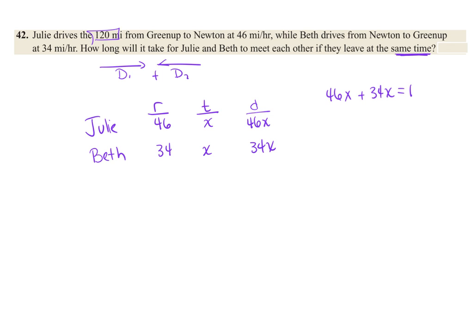That's how far apart those two cities are. And so we're just going to add those up. 46 and 34 give us 80x equals 120. Dividing, they're going to give us a decimal here. 120 over 80, which is 1.5. So 1.5 hours.